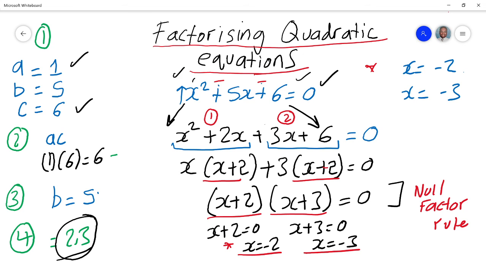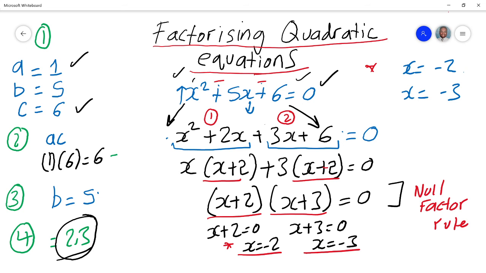We use that and that becomes x squared and 6. Then you manipulate that and it becomes 2x plus 3x. You factorize pair 1 and pair 2, and what's in your brackets is x plus 2, x plus 2. Then you're going to get (x plus 2)(x plus 3) equals 0, and using the null factor rule, x is equal to -2 and x is equal to -3.